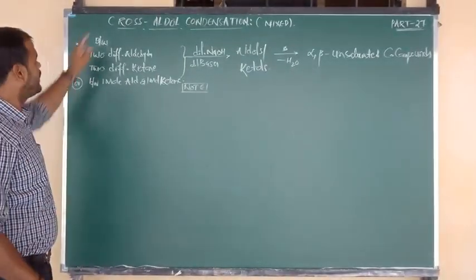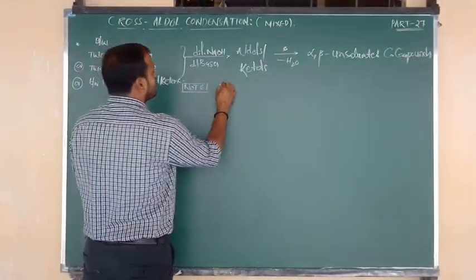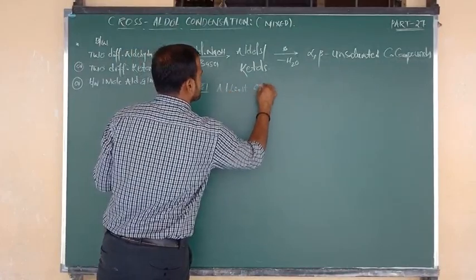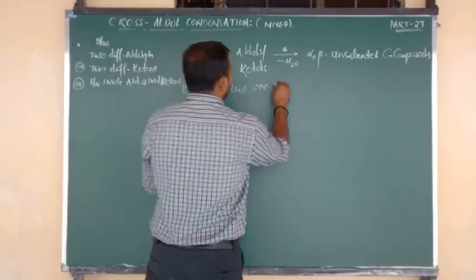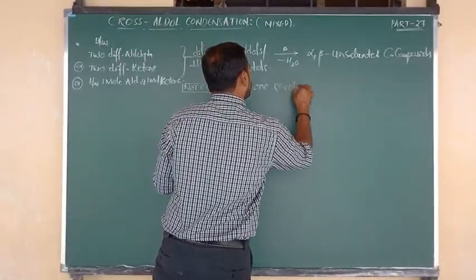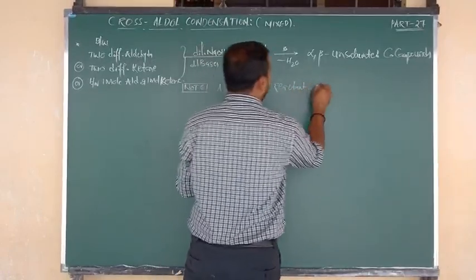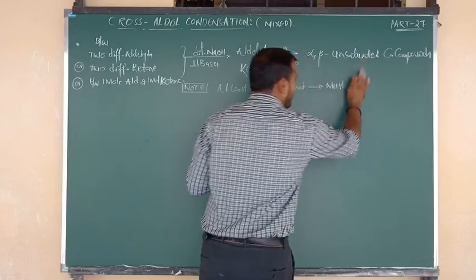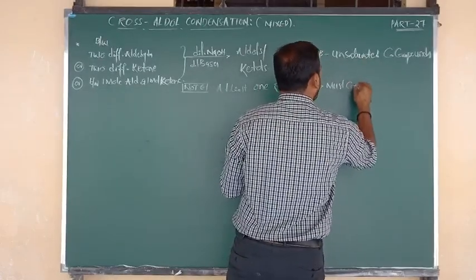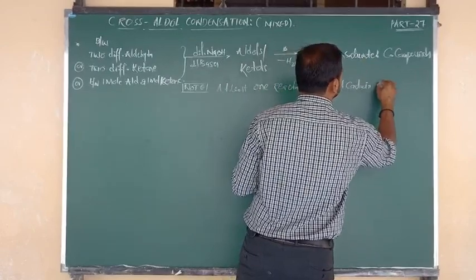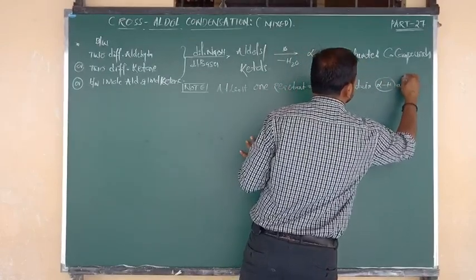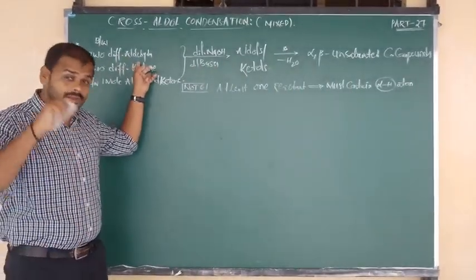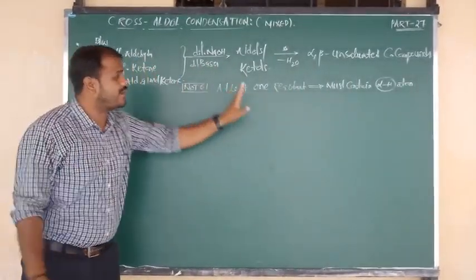So listen, the applied condition is that at least one reactant must contain alpha hydrogen. Two different aldehydes, in that one of the aldehydes must contain an alpha hydrogen atom.